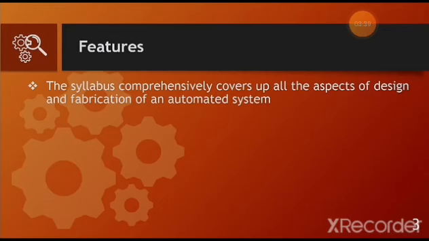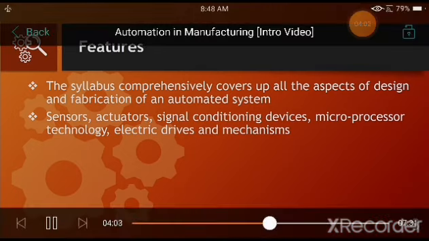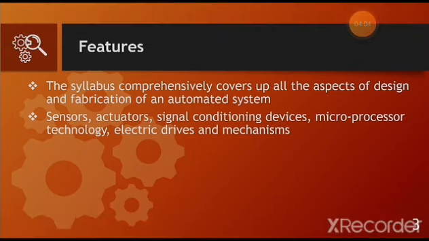It covers all aspects of design and fabrication of an automated system. What are the various building blocks, or the various aspects, of the automated system? These are sensor technologies, actuation technologies, signal conditioning methods and devices, microprocessor technology, various electrical drives, and various mechanisms which are essential to develop such an automated system.